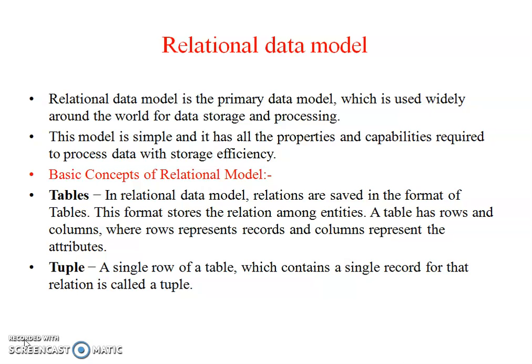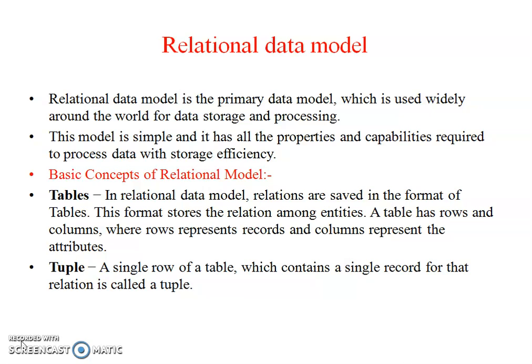Also, in the relational data model, the data is stored in different tables. These tables are interlinked with each other with the help of a column field between them. Now we discuss the basic concepts of the relational model. First one is table. The relational model refers to the table as the basic structure.